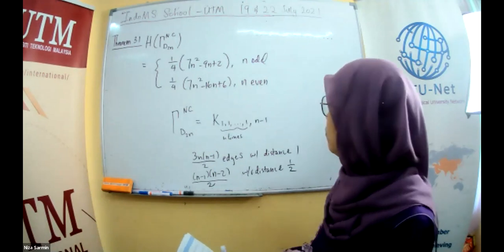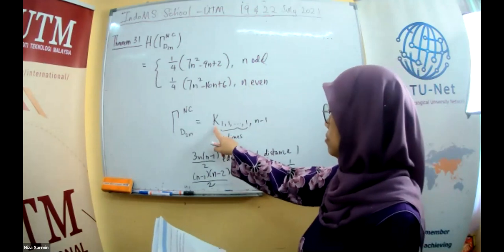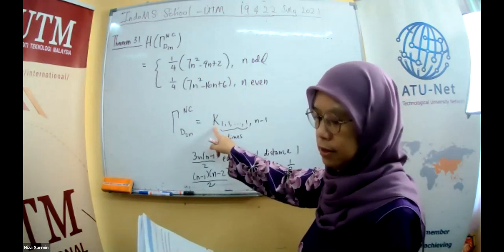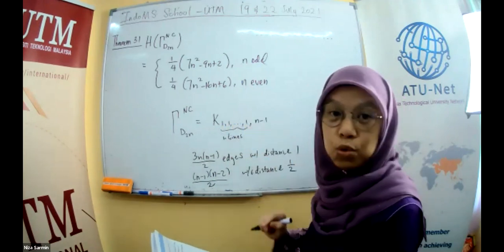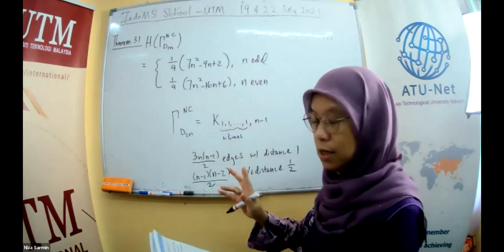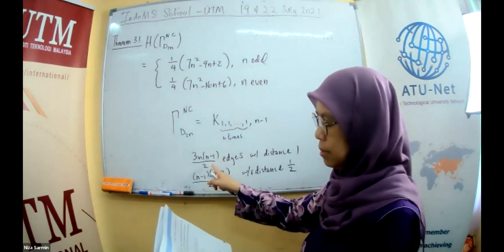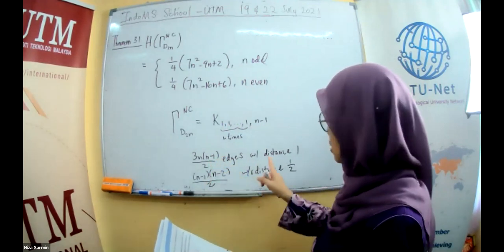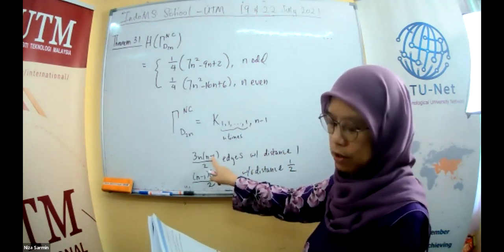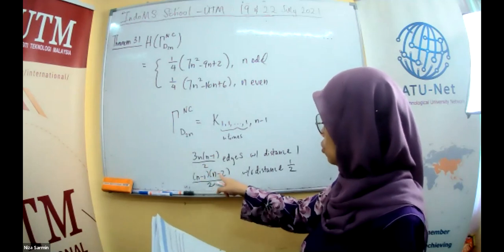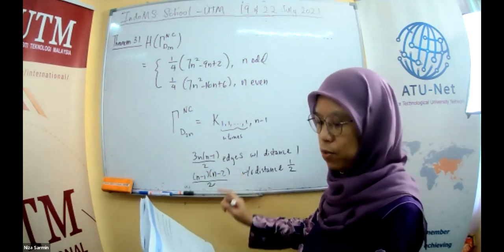For the other case, when n is even, the graph is still multipartite, but this one is 2, 2, 2, and n minus 2. So similarly, you have 3n(n minus 2)/2 edges with distance 1. Then (n minus 2)(n minus 3)/2 edges with reciprocal distance 1/2.